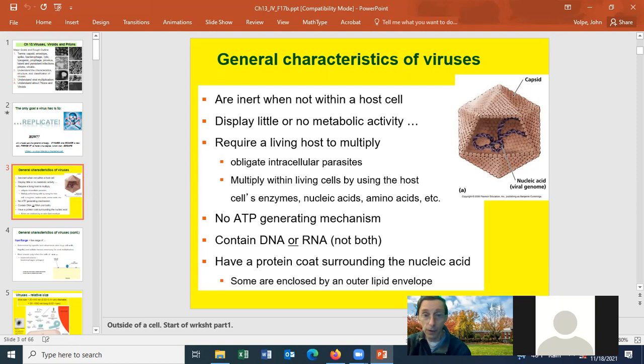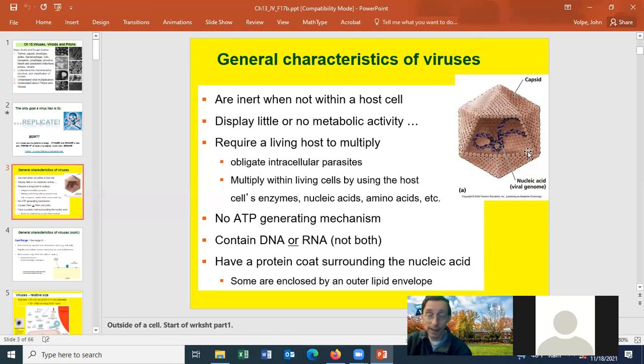Viruses do have a genome, but that genome can contain either DNA or RNA. Never does the virus contain both DNA and RNA. It either has one or the other. Viruses have as their central molecule their genome, and the central molecule will be surrounded by a protein coat.